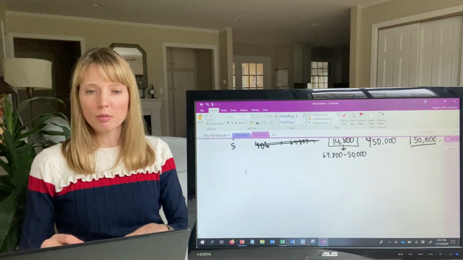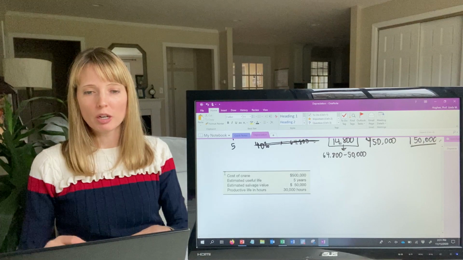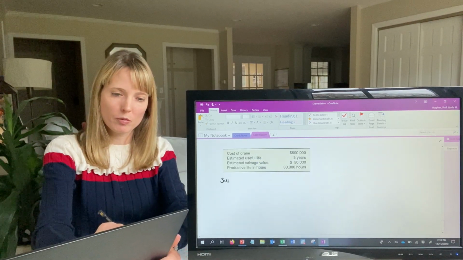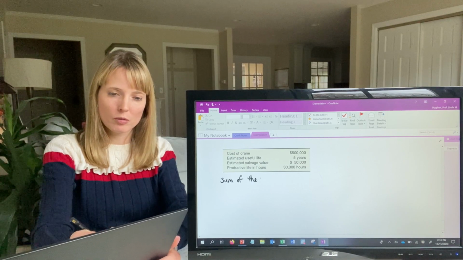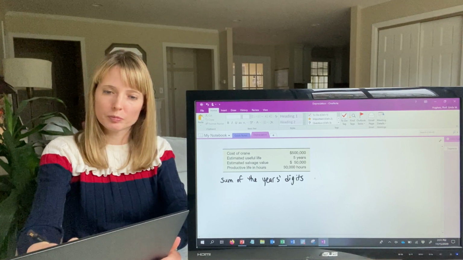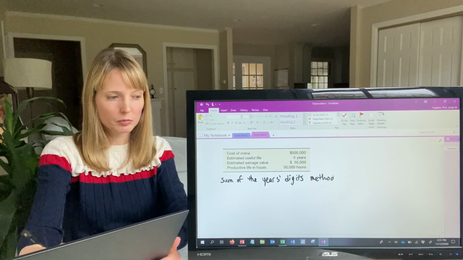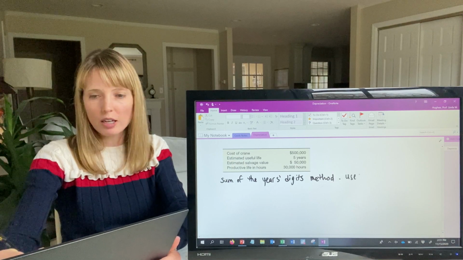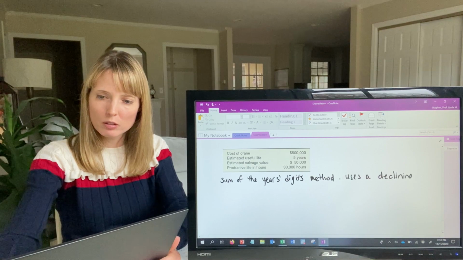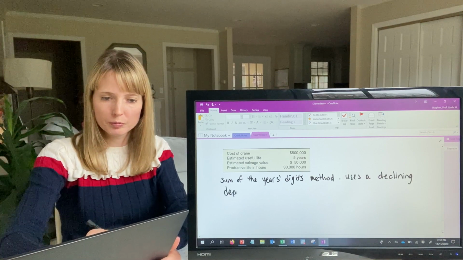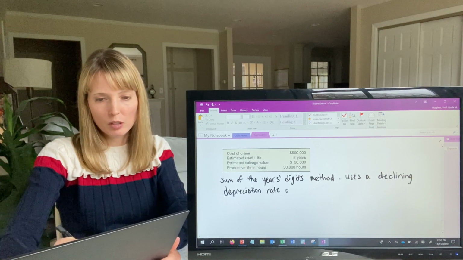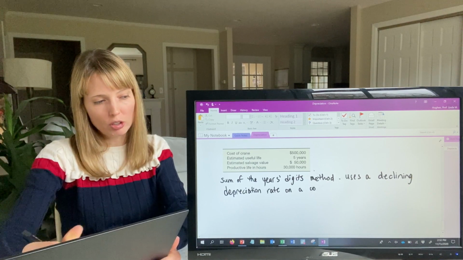Let's work our example. Let's put some notes down and then continue our example using the sum of the year's digits method. So this method uses a declining depreciation rate on a constant depreciation base.